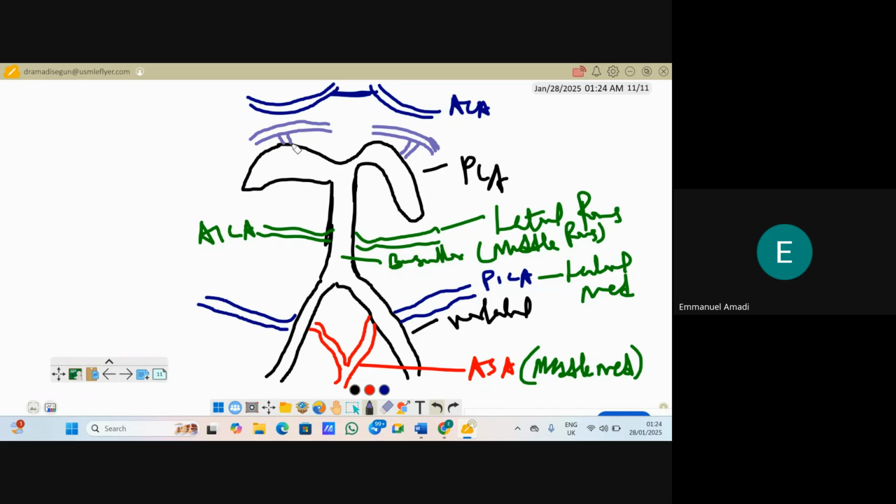This same man has loss of pain and temperature sensation to the left side of the body. And they're asking me, this man's problem is coming from which area of the brain? This man's problem is coming from the right lateral pons.